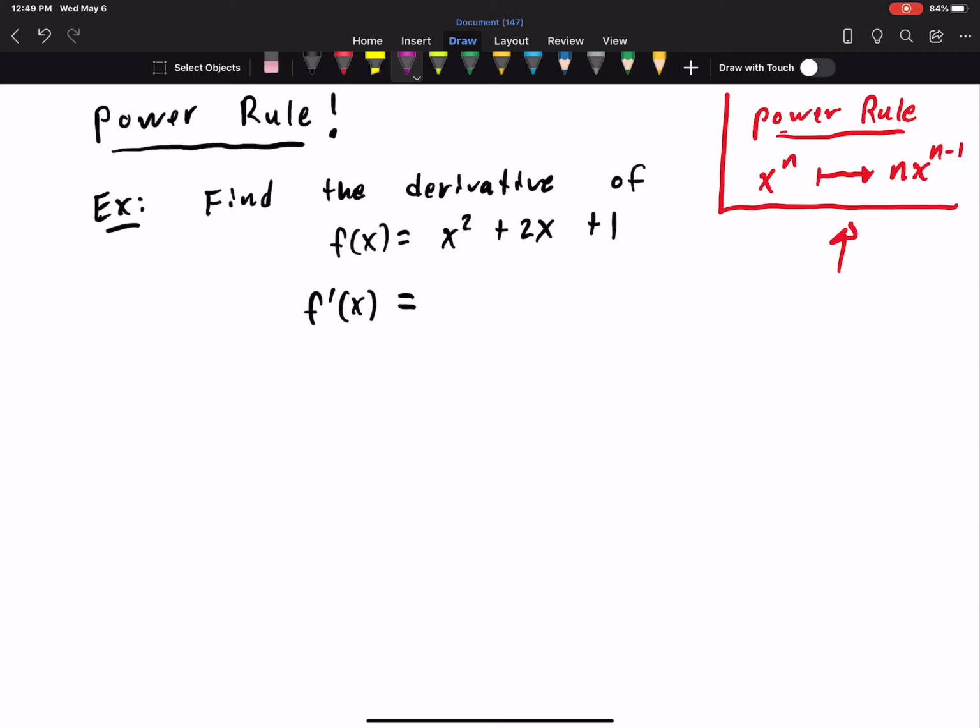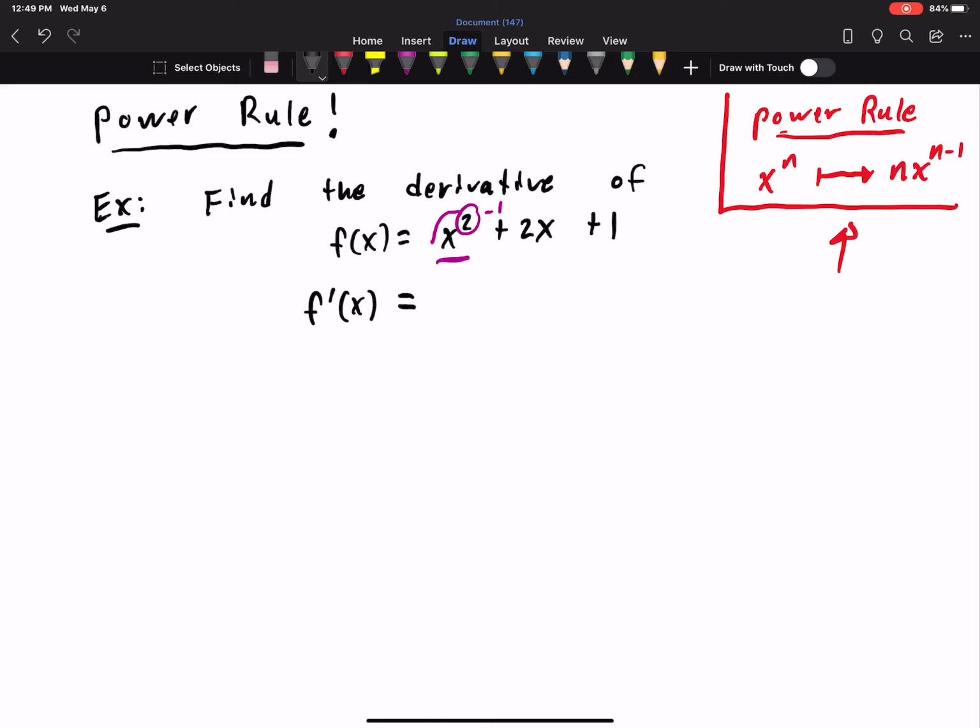Derivatives are linear, so we're going to do this term by term: derive each term and then add them together. Let's take care of the first one, this x squared. You take your exponent, move it down in front, and subtract 1 from the exponent.